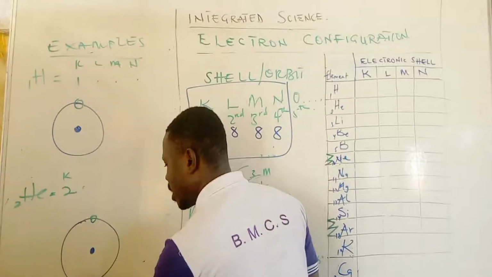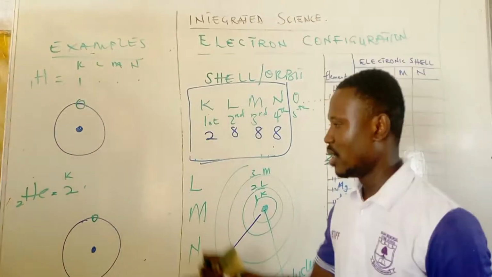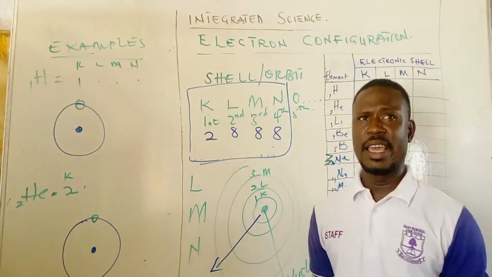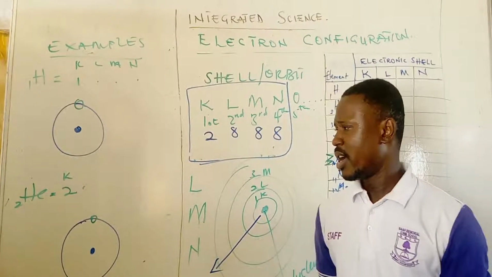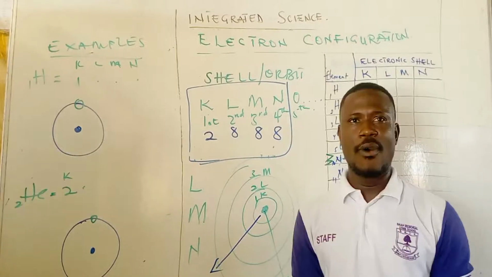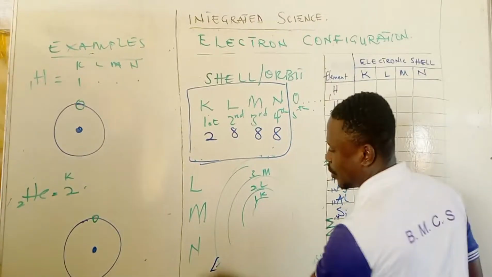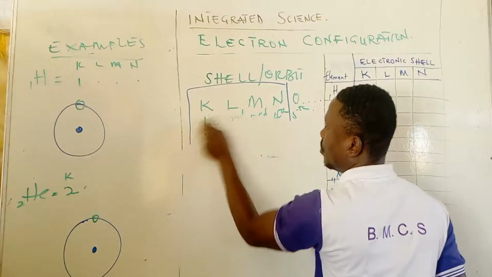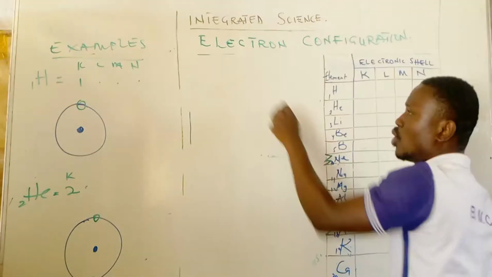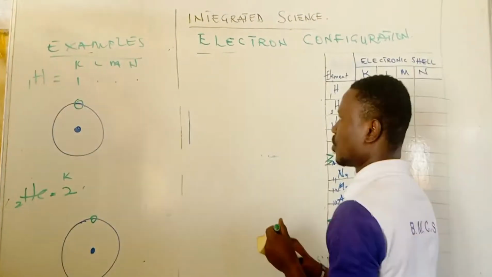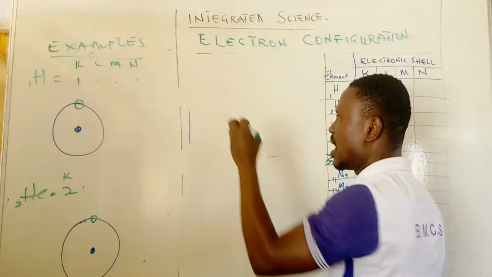Boron is the 5th element. So we have 2 on the K shell, remember 3. The 3 goes to the second shell, that is the L shell. And you know the L shell can take a maximum of 8. It has 3. So you don't divide them and spread them on the other shells. Until the second shell is full, you cannot jump to the 3rd or the 4th.